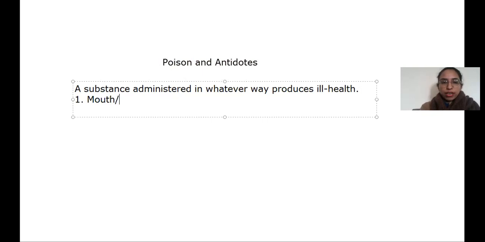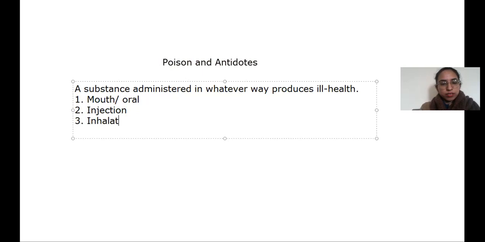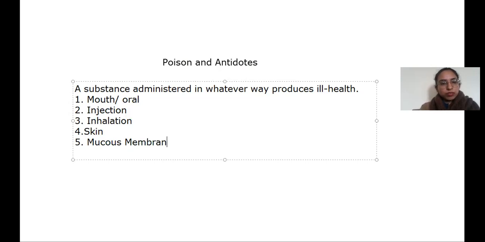Then injection, inhalation, skin, mucous membrane. These are the different routes by which any substance can be administered and produce ill health.